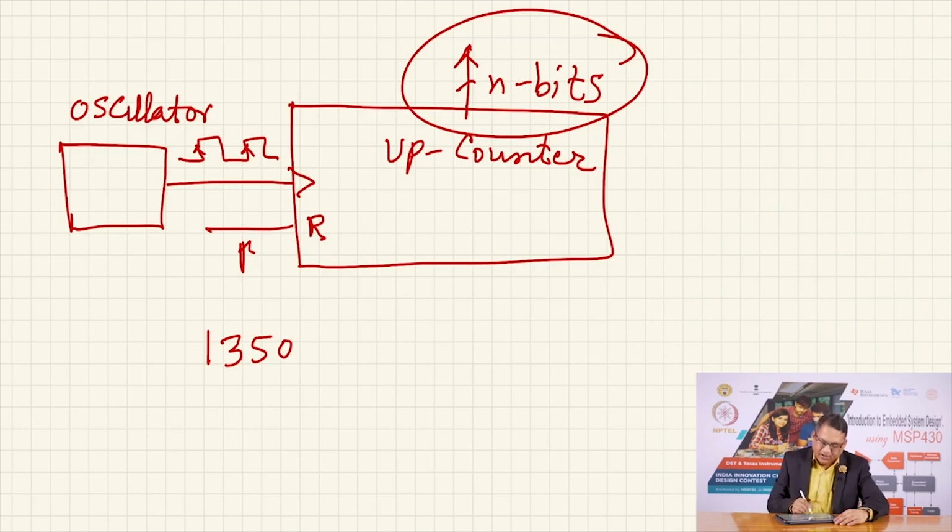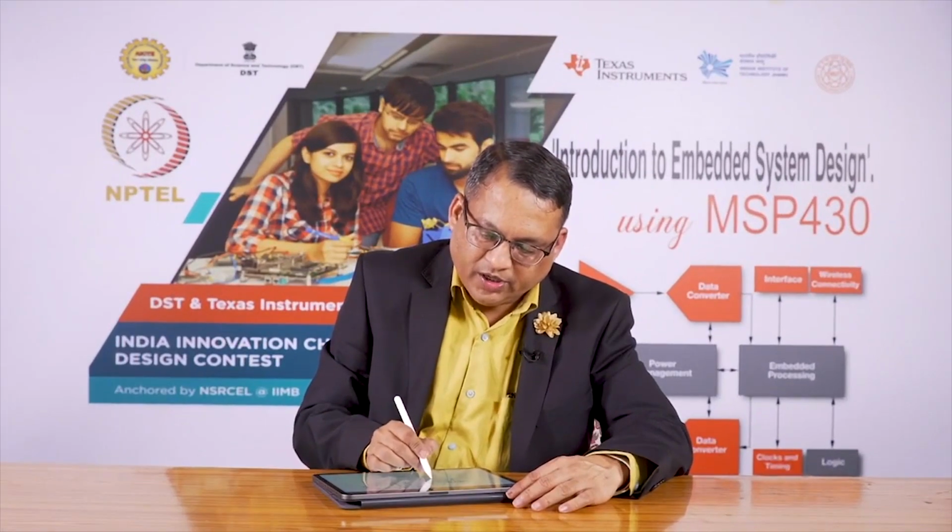It is 1350 times T oscillator, that is the period of the clock signal. By performing this small calculation, I would be able to estimate the time that has elapsed since I reset this counter.